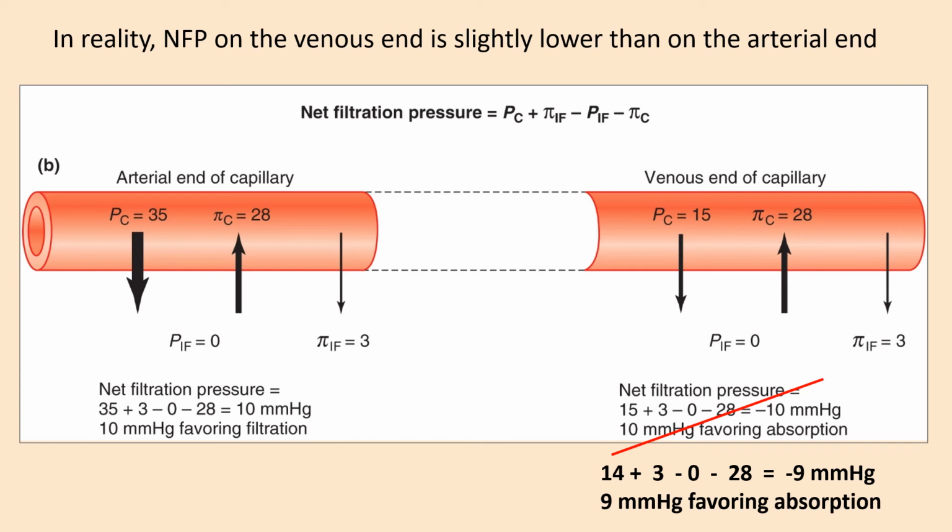By making that a little lower and doing the same math, we see that net filtration pressure sums to not -10, but -9. So this is going to have the overall effect, if we now think about the entire length of the capillary and the balance of filtration versus absorption, that across the entire length of the capillary, we're going to have a little bit more filtration than we do absorption because of this difference. A little more fluid is going to leave the capillary than enters the capillary.